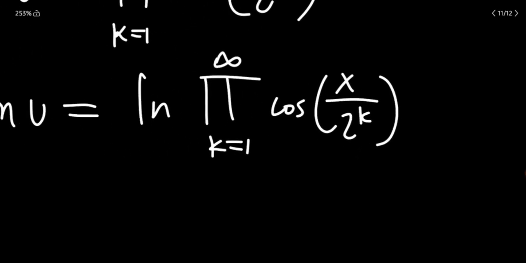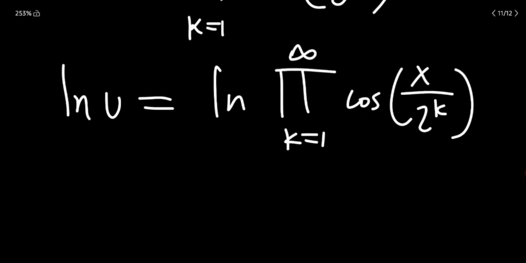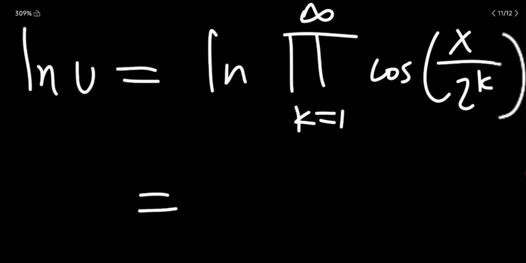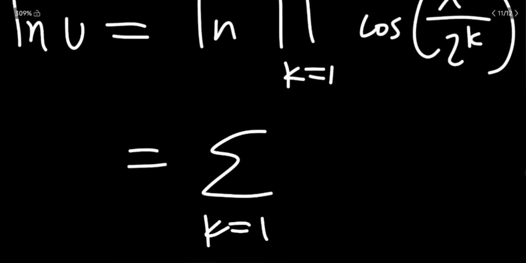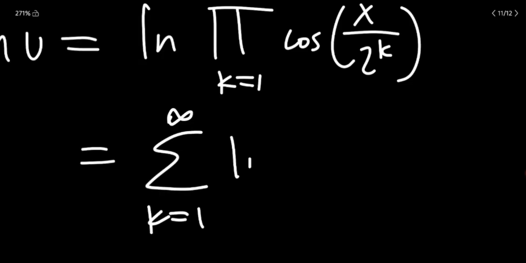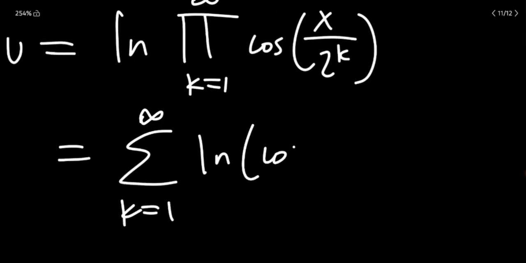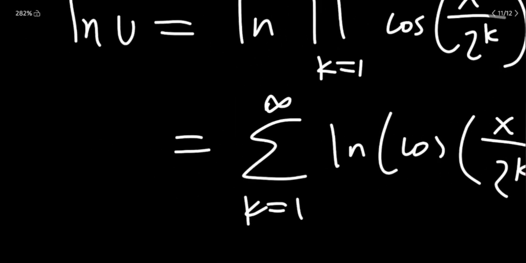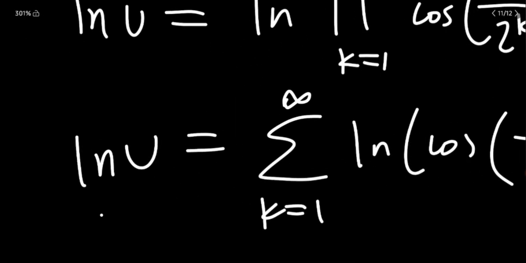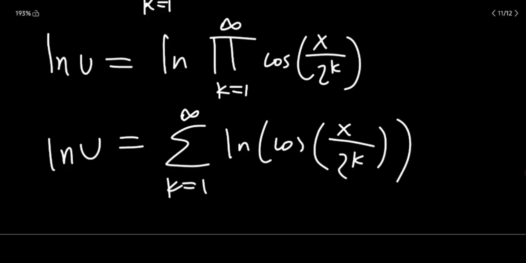Alright, so we now have the summation from k equals 1 to infinity of the ln of cosine of x over 2 raised to k, and that's ln u. But now, since I mentioned that we will be using log differentiation, we will differentiate this.